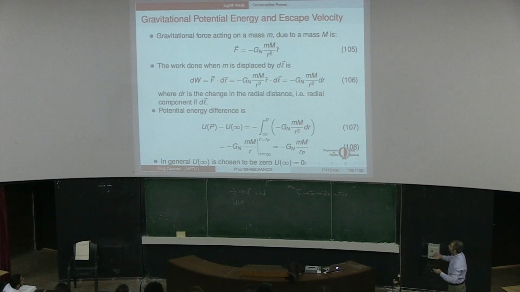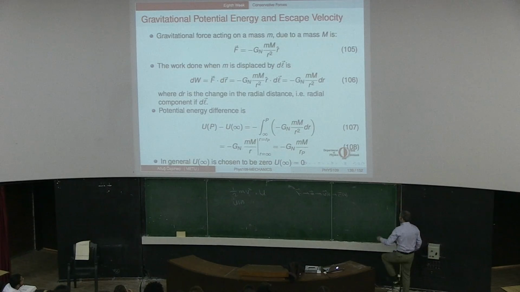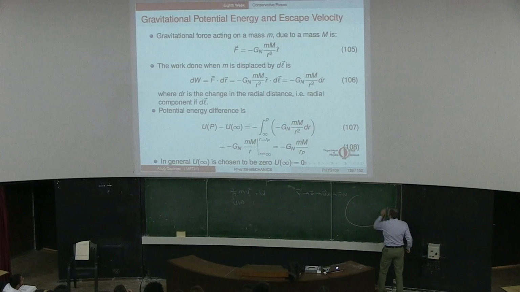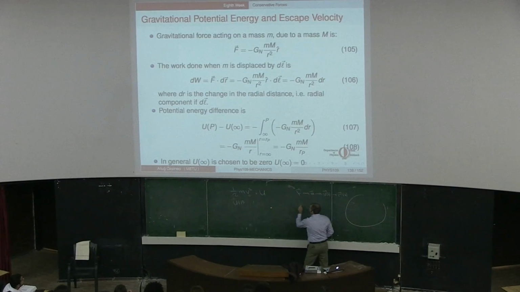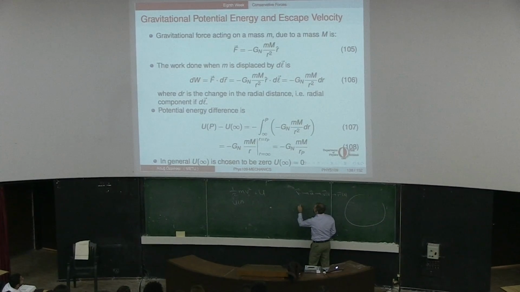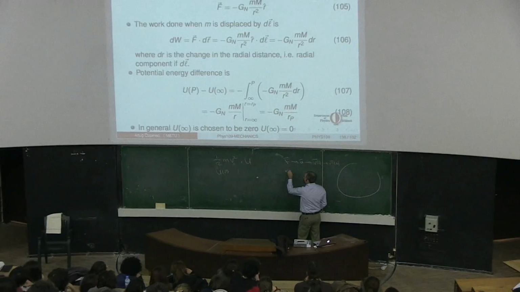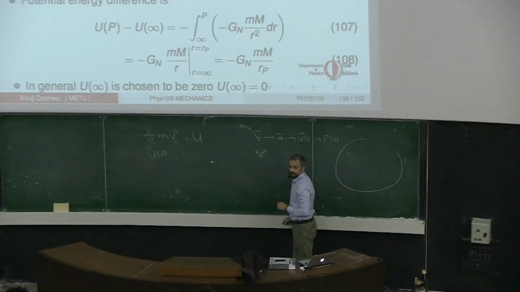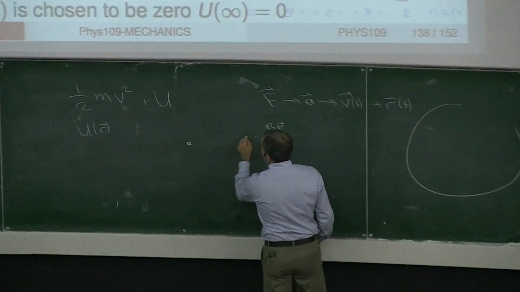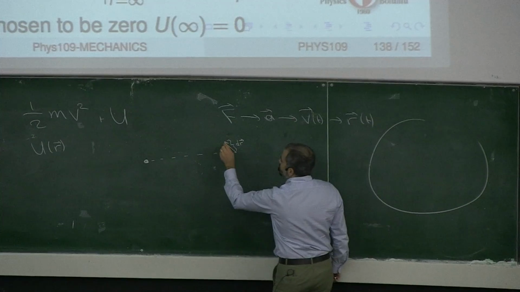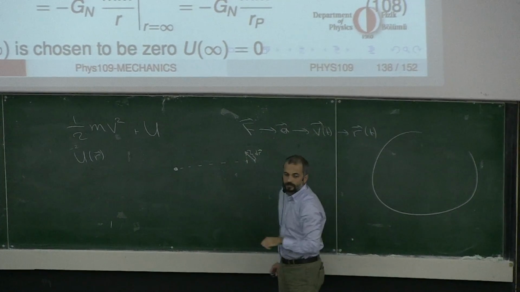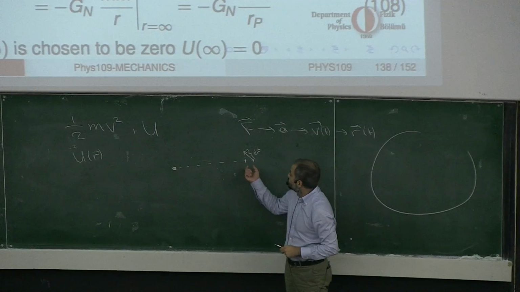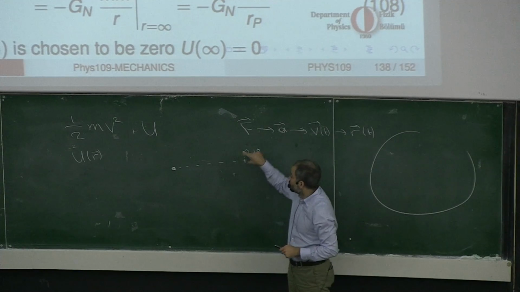Well, this is my planet that is fixed. I have the other planet. I have moved it very little. This vector is the dr vector. So the work done only depends on this change, on how the distance between the two changes, not on my displacement.